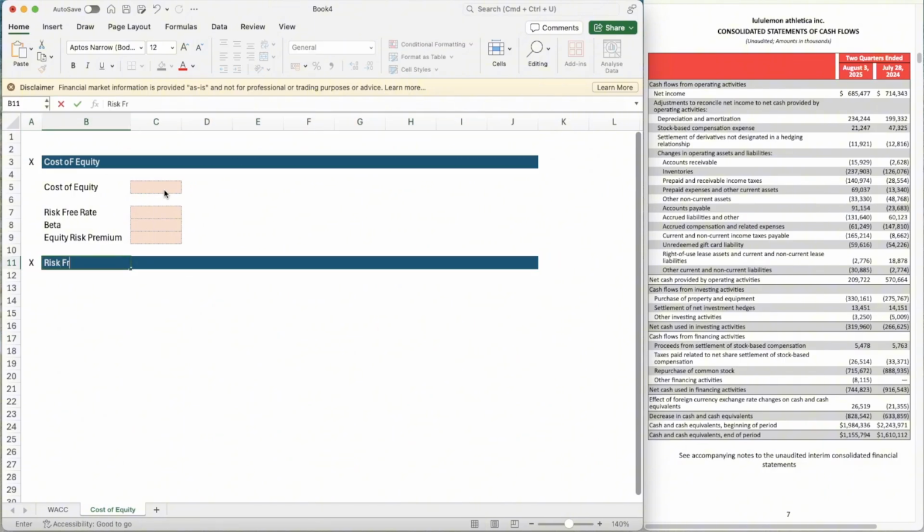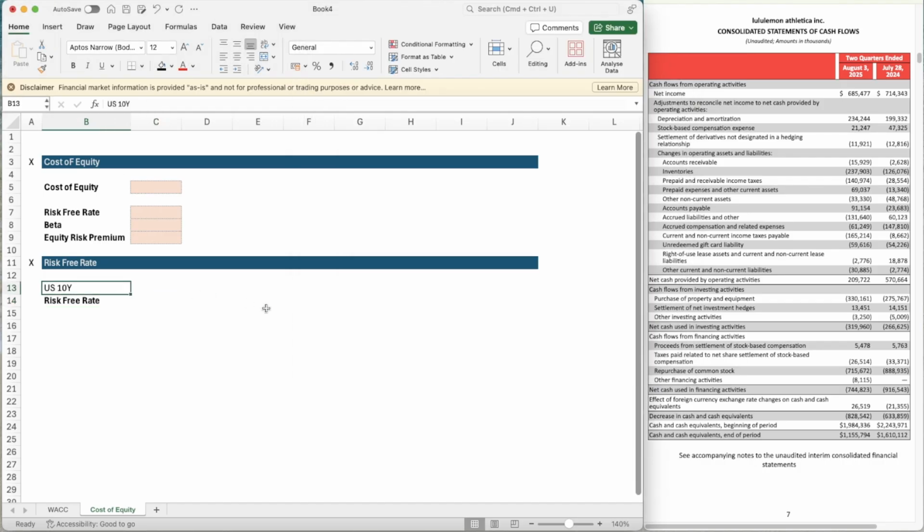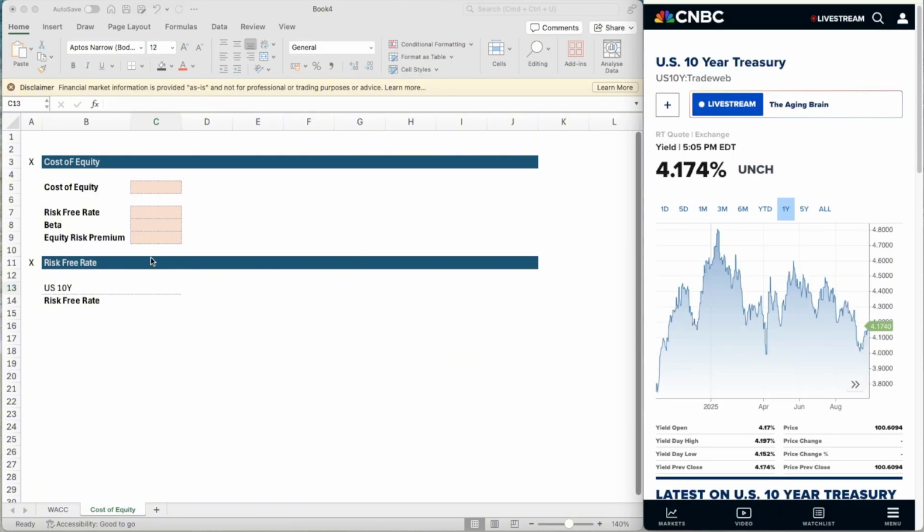Let's start with the easy one, the risk-free rate. And we'll call that the US 10-year, which is 4.174%.